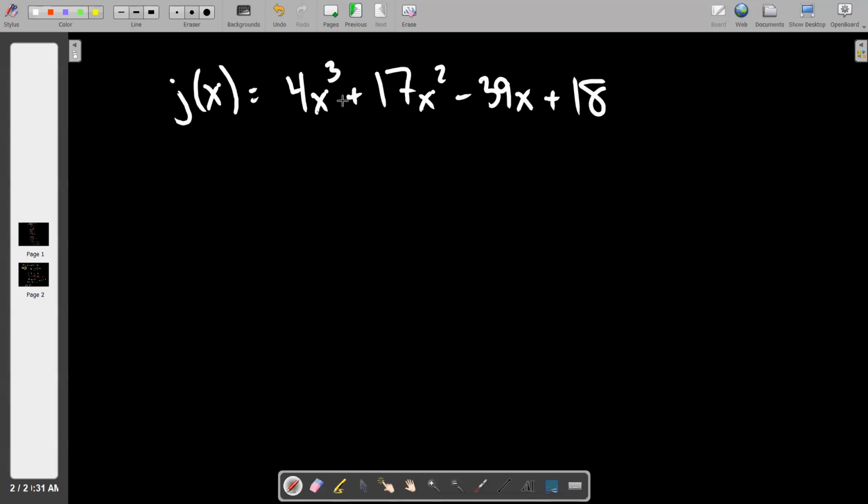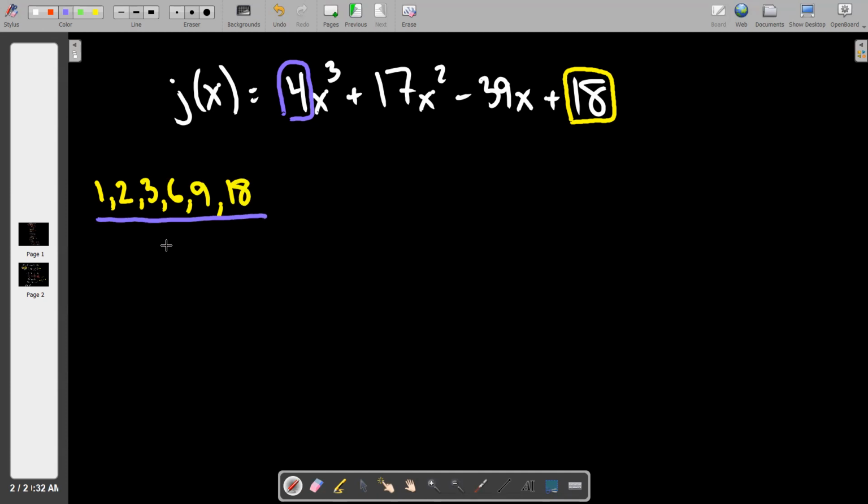So remember, the idea is that our answers, if there are rational zeros, which there will be for a while here, are going to consist of a fraction whose numerator is a factor of 18 and whose denominator is a factor of 4. So factors of 18 are 1, 2, 3, 6, 9, and 18. And the factors of 4 are 1, 2, and 4.